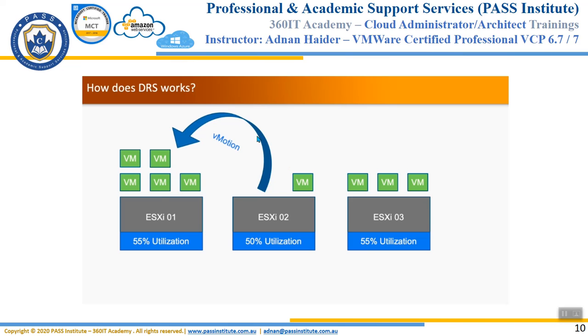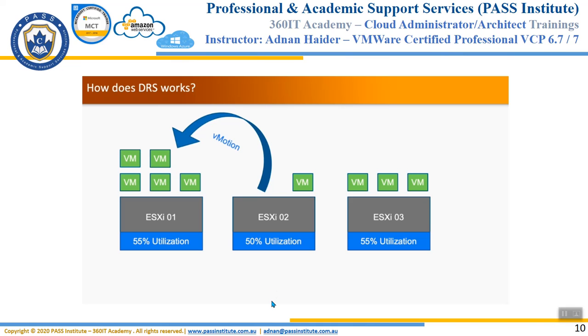With the power management setting, DRS will shut down this ESXi host, and that will save power and electricity for the organization. So shutting down the ESXi host is known as power management, in which the VM is moved to another ESXi host, and once this ESXi host is free, it will be shut down.